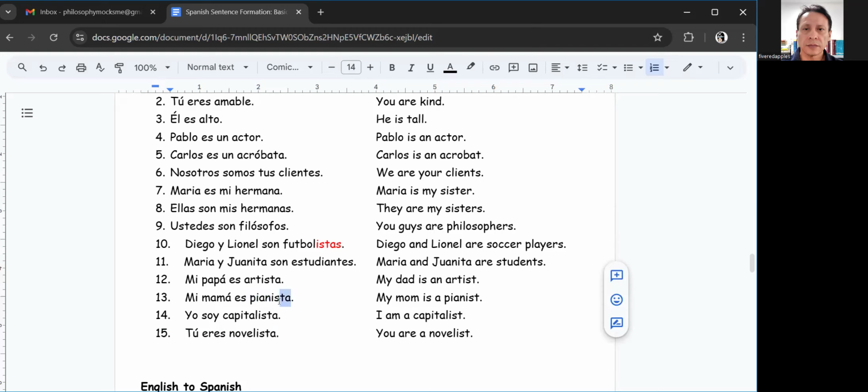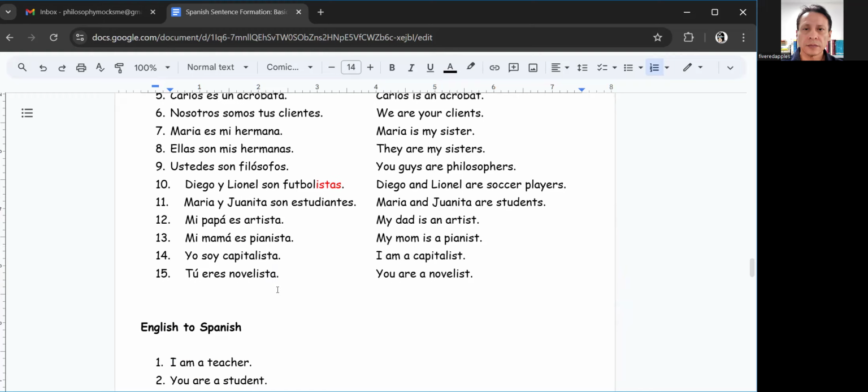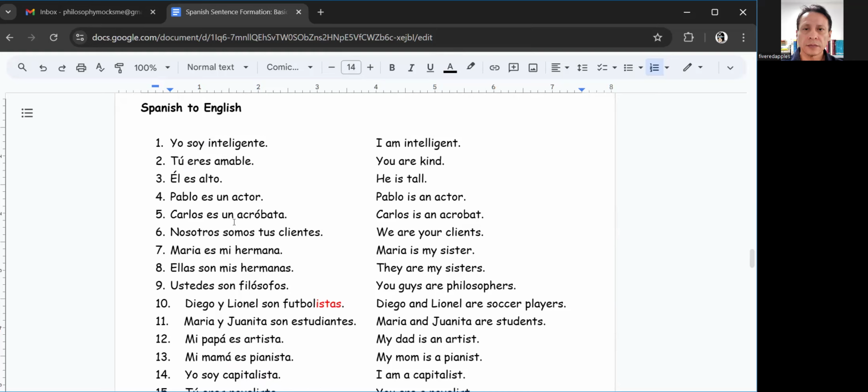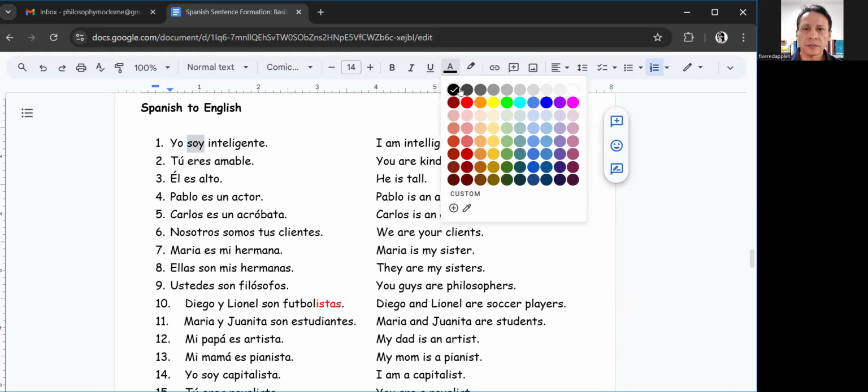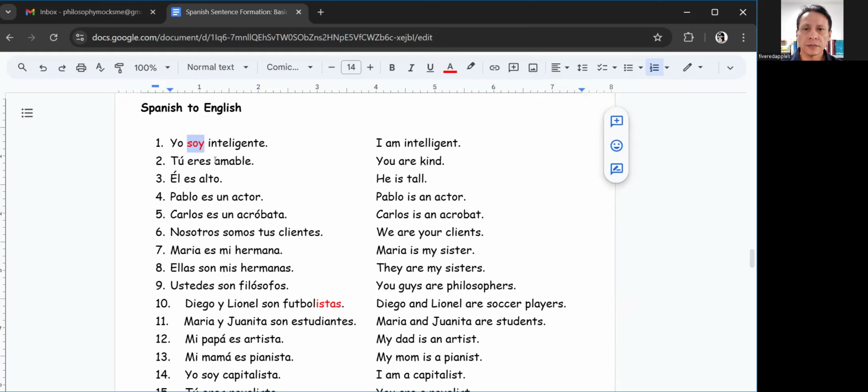Piano, basically pianista. Art, artista. Easy, easy peasy. Spanish easy. Okay. Now, the point is not so much for you to remember filósofos or even hermanas. That's not the point. The point is for you to remember the subject and verb conjugation patterns here.